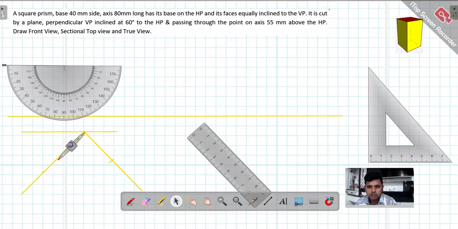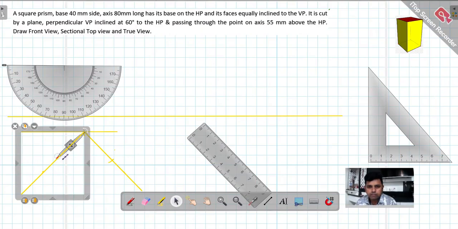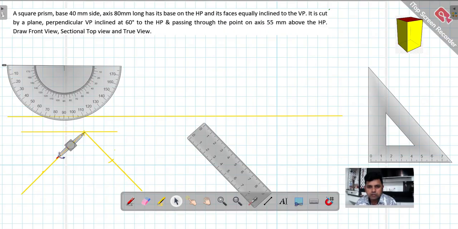I can mark 40. Just mark it. Then take this out. Take here, this as the center. Rotate here. Mark this point.